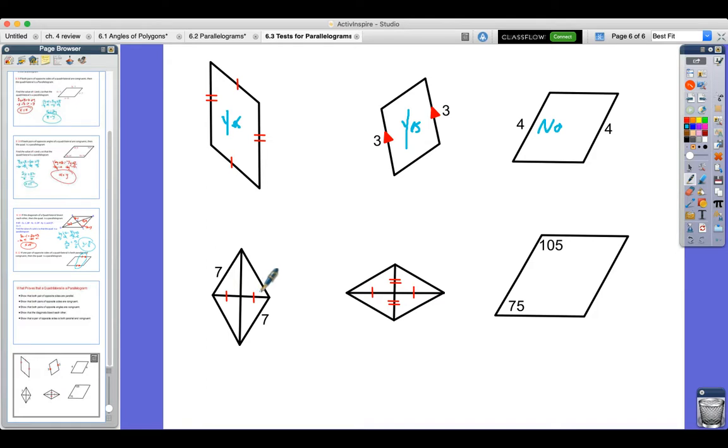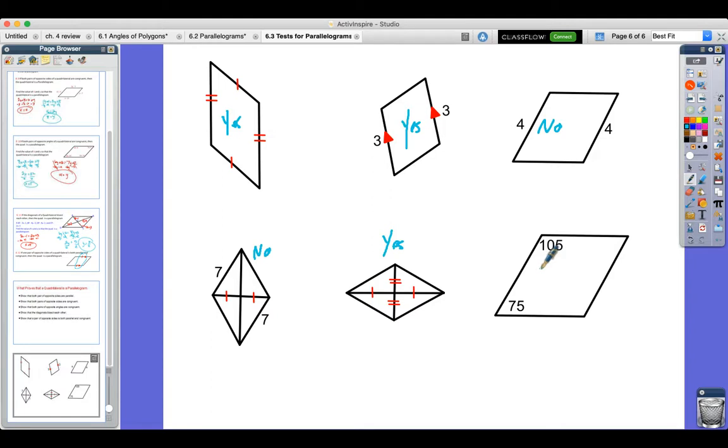Is this a parallelogram? This one's a no as well, because it only shows that one of the diagonals is bisected and one pair of opposite sides are congruent. It doesn't have the right thing right here. What about this? Does this prove this is a parallelogram? This one's a yes. Both diagonals are bisected, and it shows both are bisected.